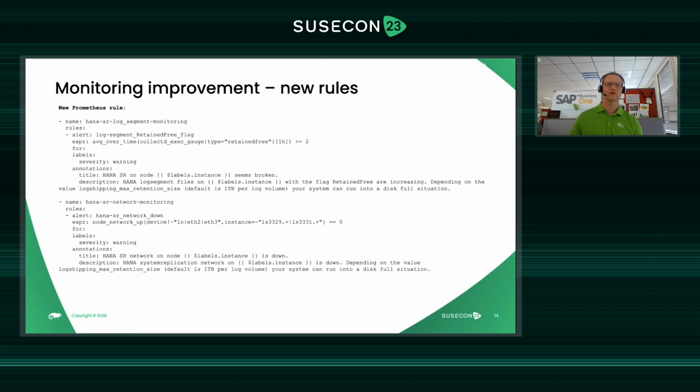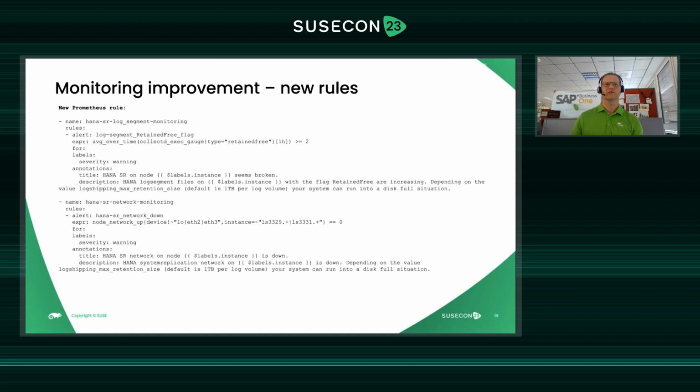And then we can, if you go back, Thomas, one slide back, we can generate an alert with this, which says average over time, the new metric which we have created with collectd, with the flag retained free, and say if we have more than 2 files in 1 hour with this flag, something might go wrong.